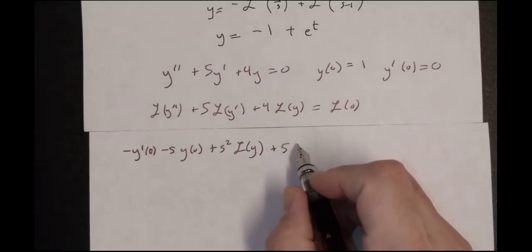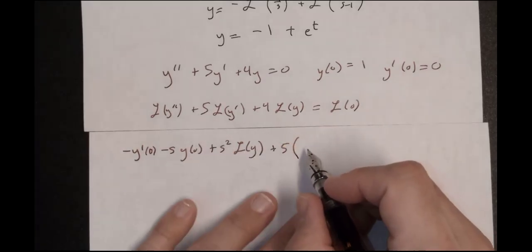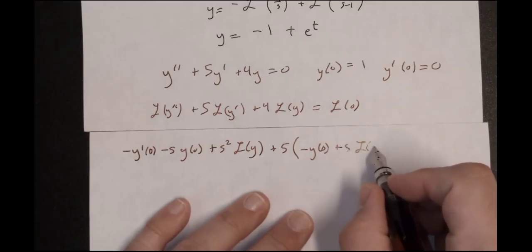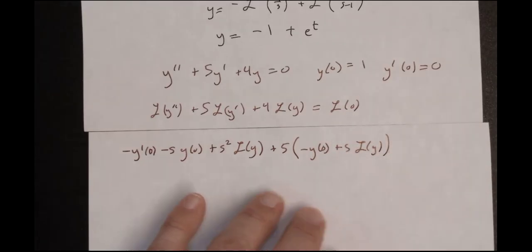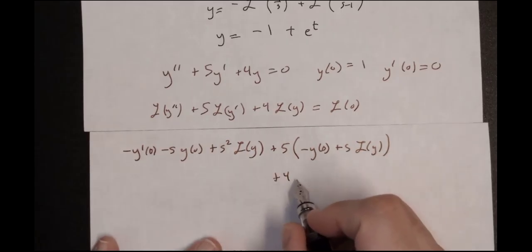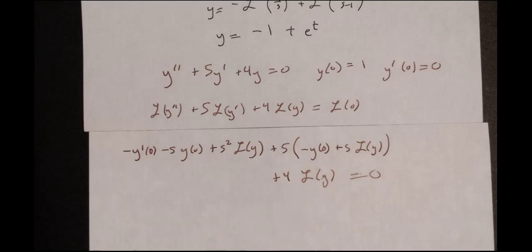Plus 5 times Laplace transform of y will be minus y of 0 plus s Laplace transform of y, plus 4 times the Laplace transform of y equals 0.